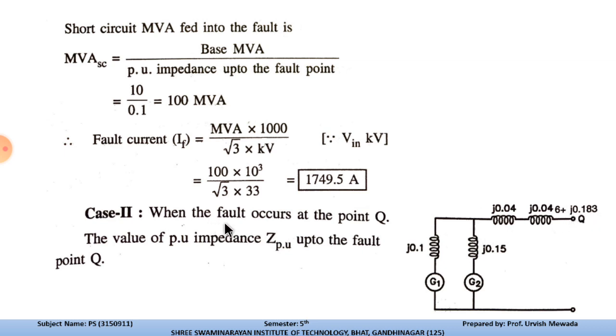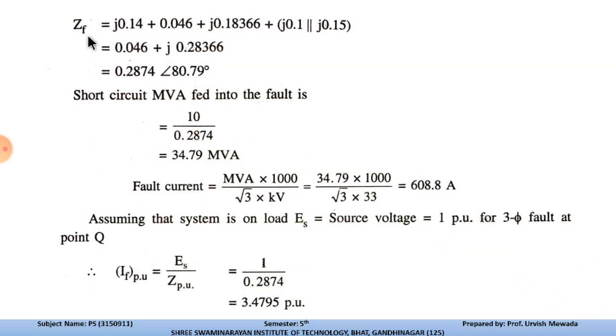So when the fault occurs at point Q, this is the point where we are considering the effect of the fault, and the pu impedance up to the fault point Q, ZF, will become: we have the two reactances both in series, and two reactances both in parallel. So after solving these two, we'll have ZF in terms of R angle theta, that is 0.2874 at angle 80.79 degrees.